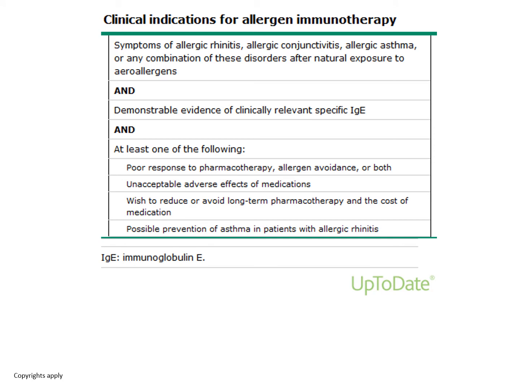So this is again a summary of the clinical indications for allergen immunotherapy. They include symptoms of allergic rhinitis, allergic conjunctivitis, allergic asthma, or any combination of these disorders after natural exposure to air allergens, and demonstrable evidence of clinically relevant specific IgE and at least one of the following: poor response to pharmacotherapy, allergen avoidance, or both; unacceptable adverse effects of medications; wish to reduce or avoid long-term pharmacotherapy and the cost of medication; or possible prevention of asthma in patients with allergic rhinitis.